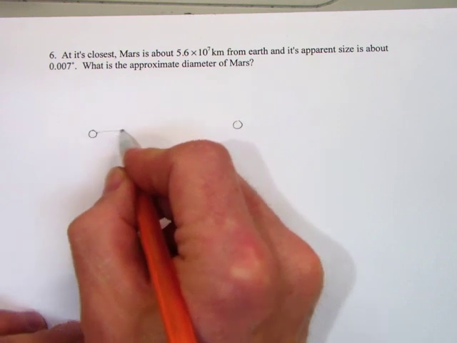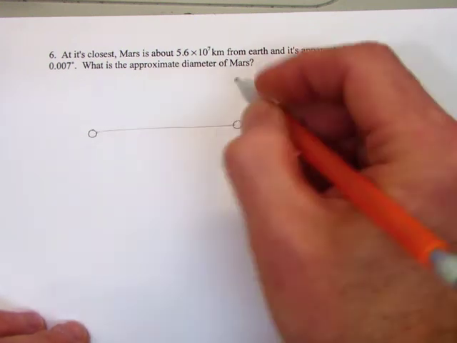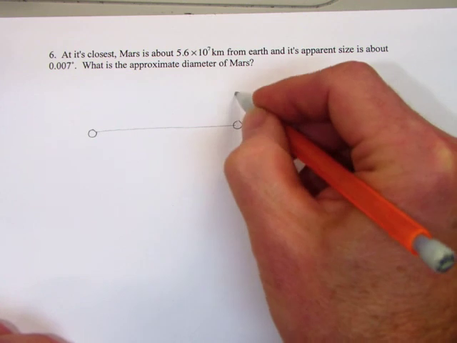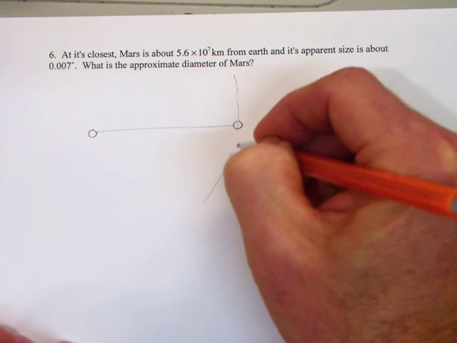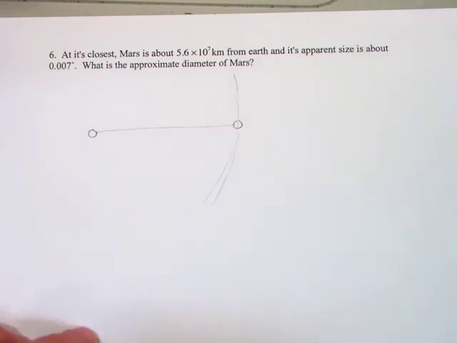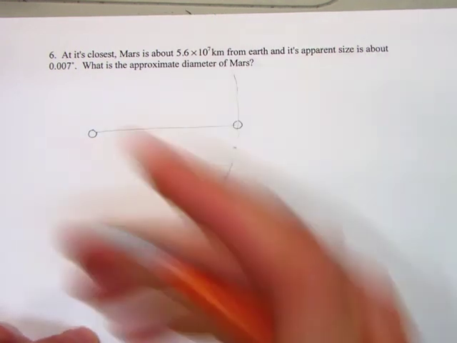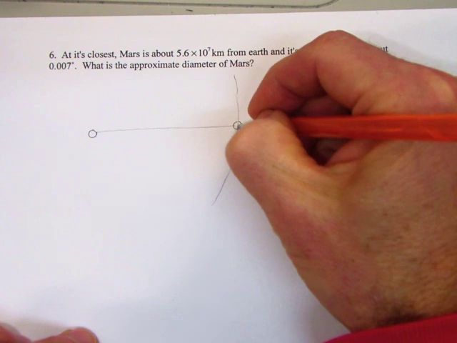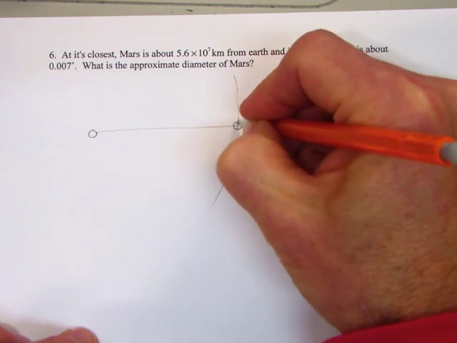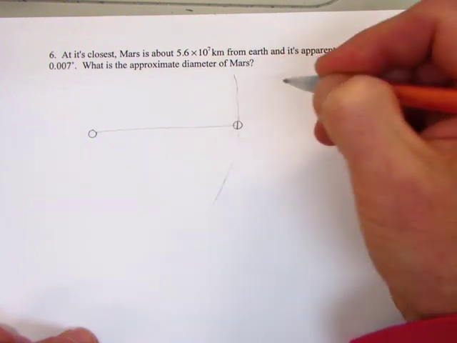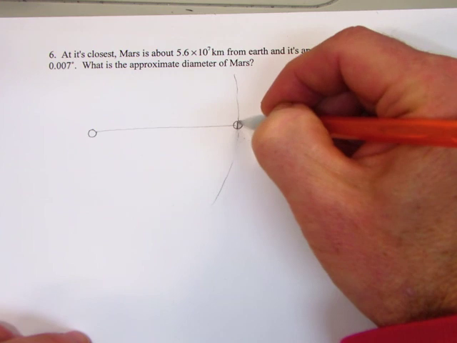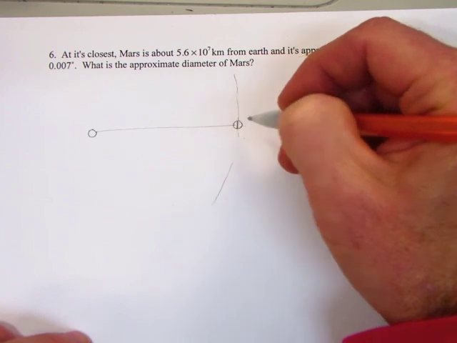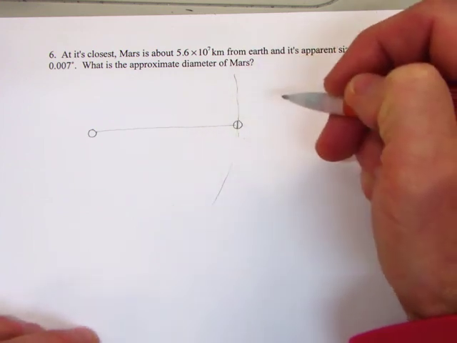Well, if I think of this as being a circle, and I could draw that around, and I look at where the circle cuts through Mars, now compare that to the diameter. Well, since this distance away is so big, that arc of the circle is approximately equal to the diameter.